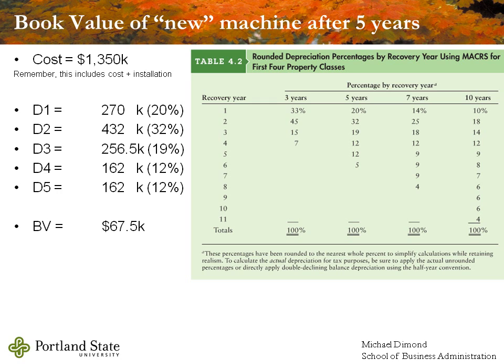Year 3 we have 19%. 19% times $1.35 million is $256,500. Years 4 and 5 use 12% for depreciation. So 12% of $1.35 million is $162,000.